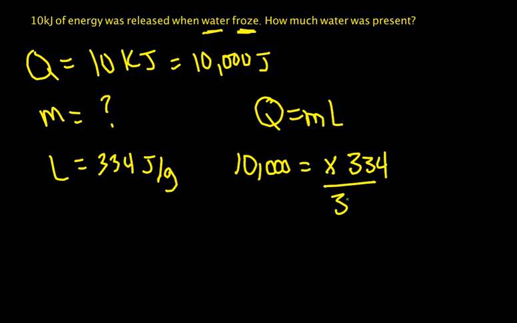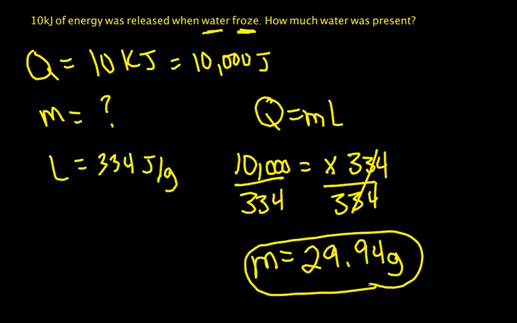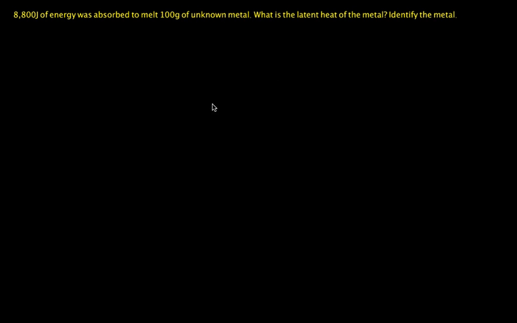So divide by the value with X. 334 cancels 334, so the mass is equal to 29.94 grams. And there's our answer.